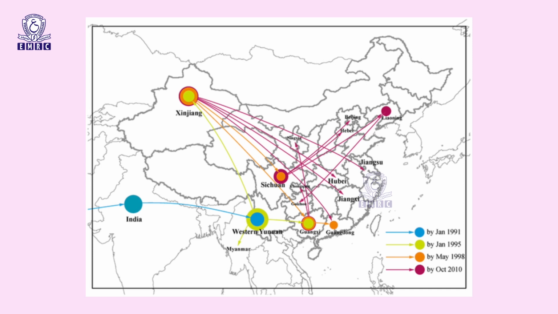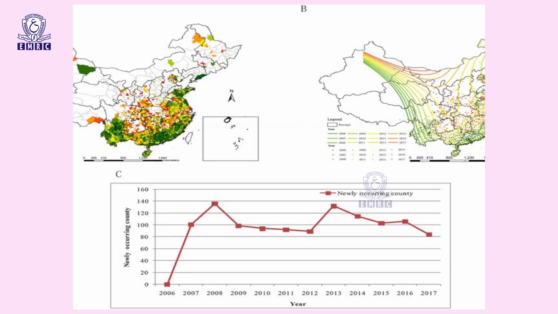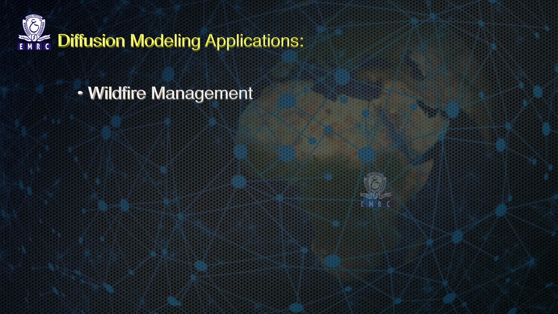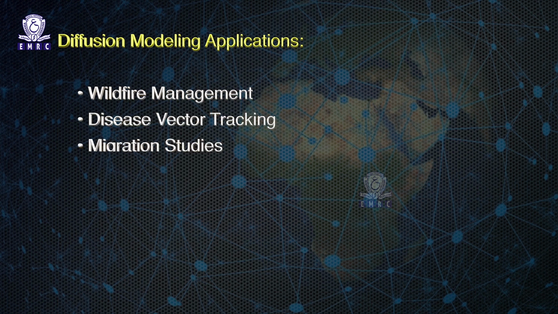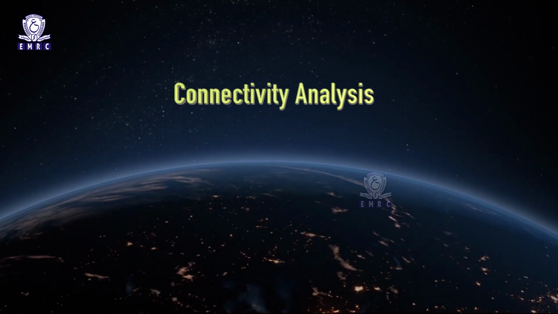The constant distance between adjacent units makes it possible to simulate the progression over geographic units at a consistent rate. Diffusion modeling has a variety of possible applications, including wildfire management, disease vector tracking, migration studies, and innovation diffusion research, among others.